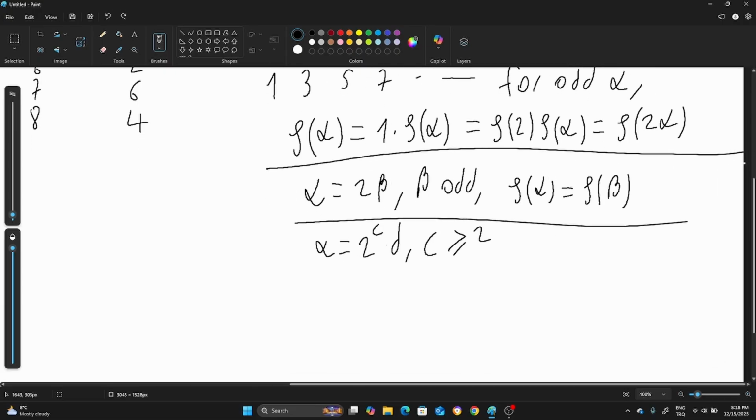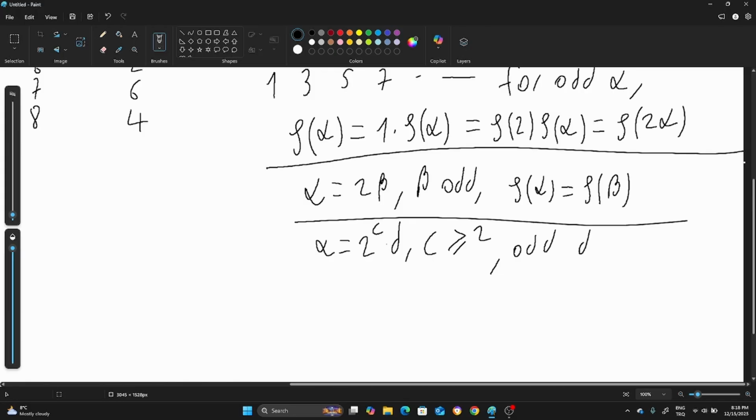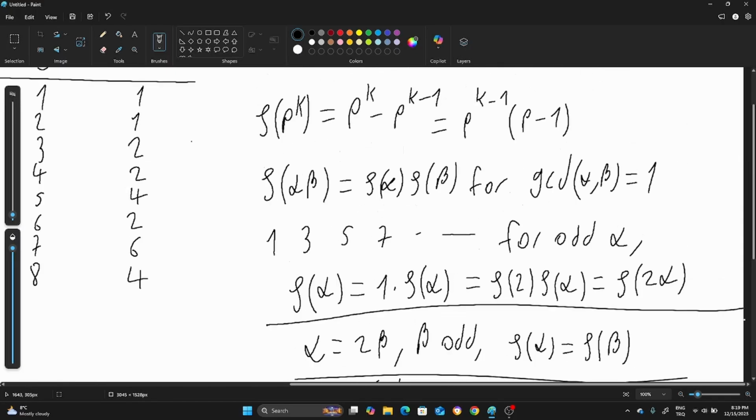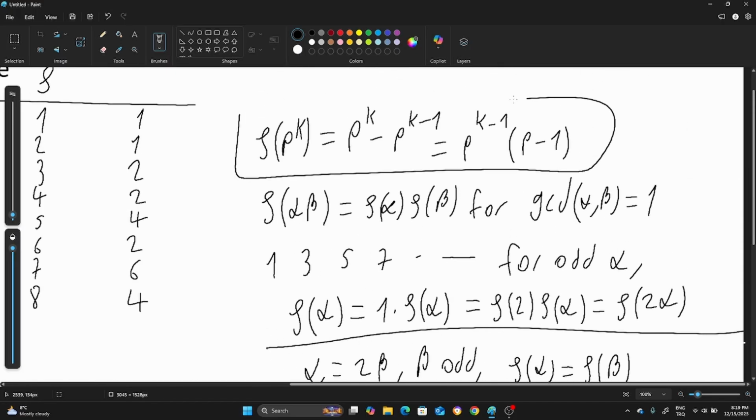Assuming d is odd, like assuming we factor all the 2's out, then we can say totient of alpha is equal to totient of 2 to the c times d, which equals totient of 2 to the c times totient of d, which equals 2 to the c minus 1 times 1, which we can omit, times totient of d. So this comes from here, if some of you guys are wondering.